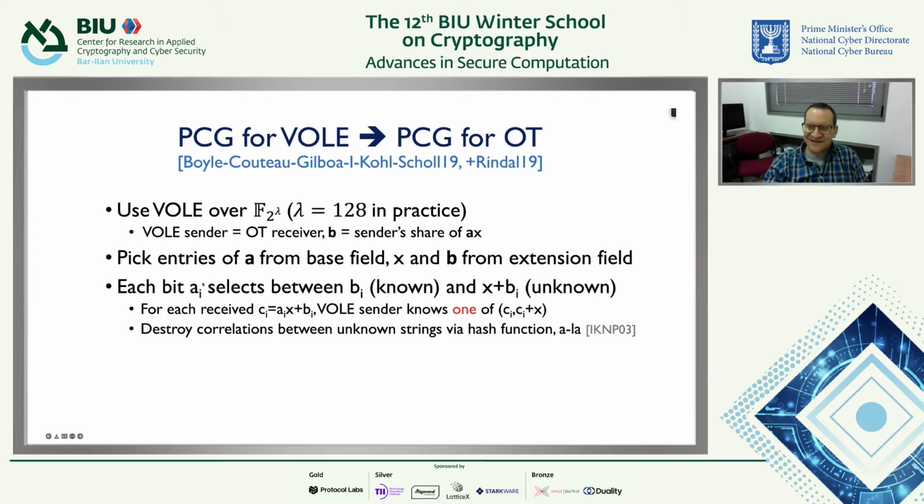A_i is Alice's vector. You can think of it as a selector between B_i and X plus B_i, right? A_i selects between B_i in case A_i is 0, or X plus B_i in case A_i is 1.